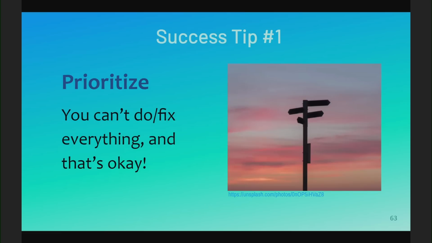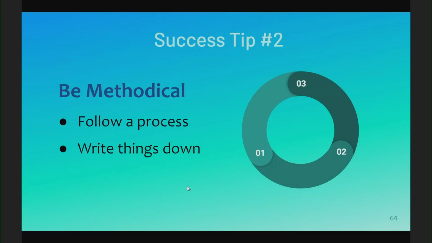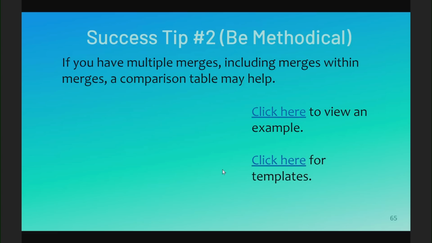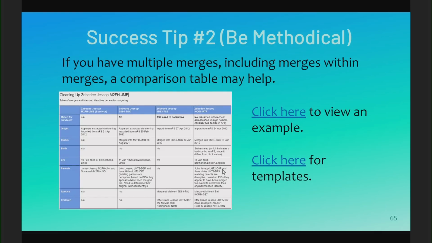Success tip number two, be methodical. Don't be slapdash or just take things in some random order because it will just turn into a bowl of spaghetti. So follow a process and write things down. I've made some templates that have helped me undo bad merges.